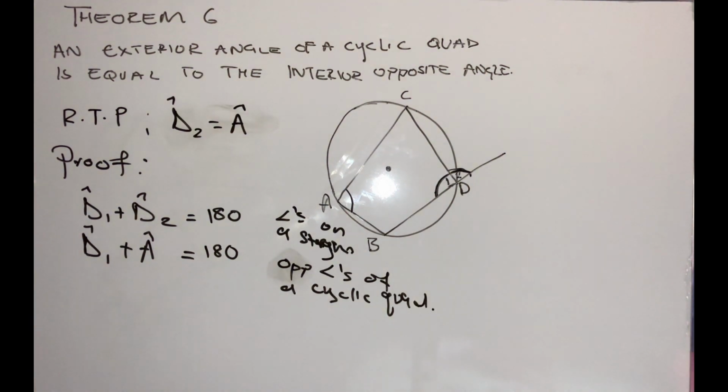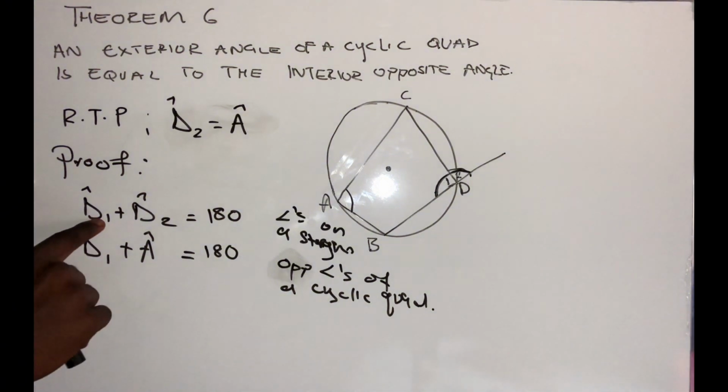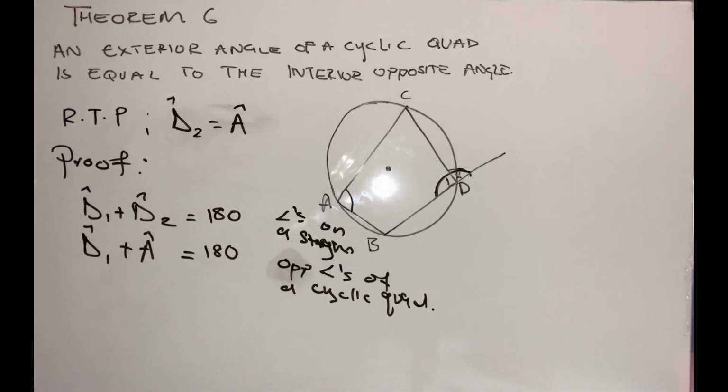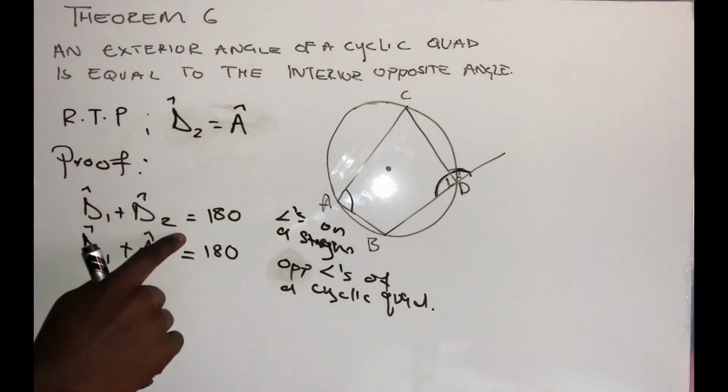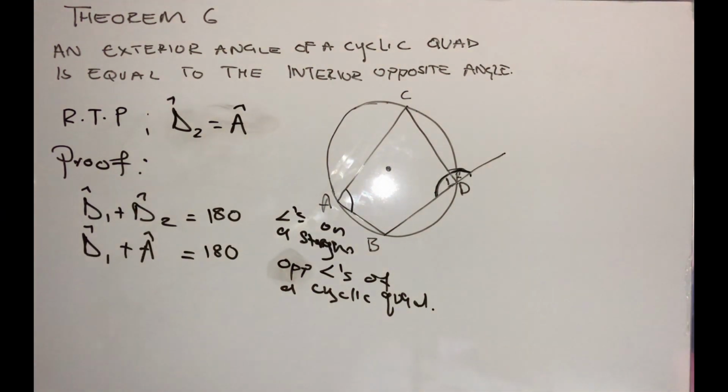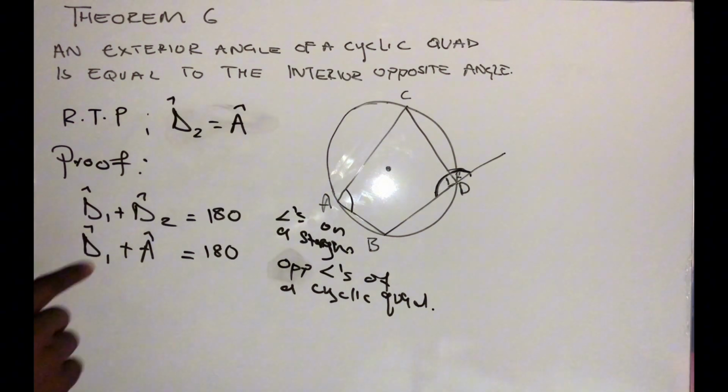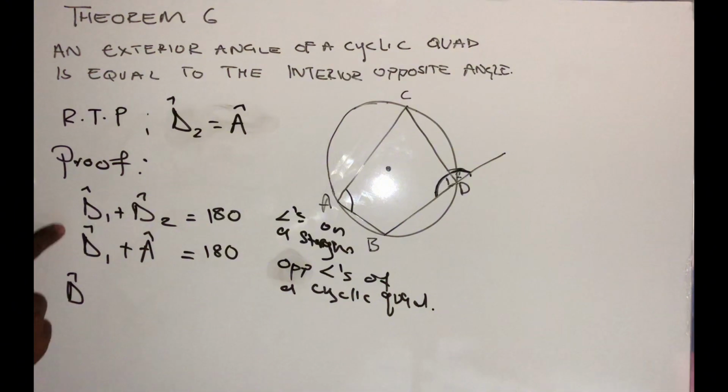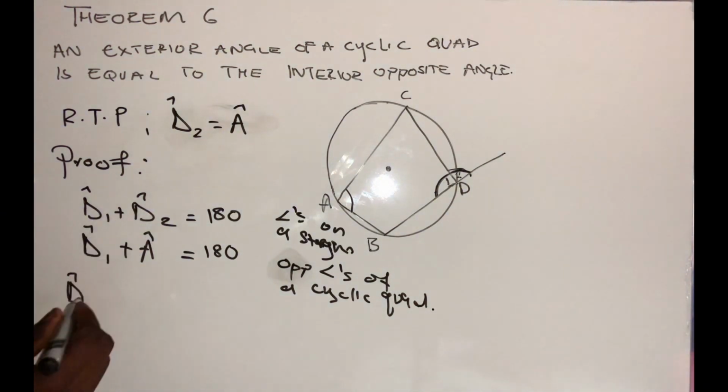And then now it's time for you to do the math. If you take D1 to this side, you're going to have D2 equals 180 minus D1. Let's solve for D2 now. This one is your first equation and this one is your second equation. So we are solving for D2.